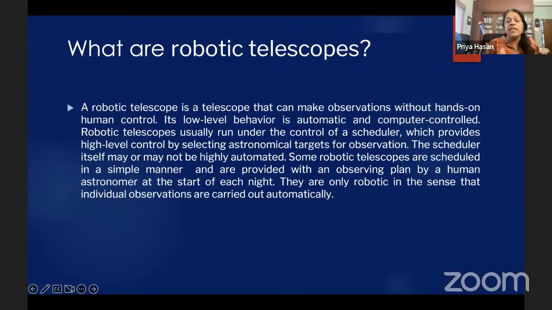So what is the thing about a robotic telescope? A robotic telescope is a telescope that makes observations, which I'm going to show you very soon, without hands-on human control. We can upload a request for an observation, right? You saw that there's a whole network of telescopes.